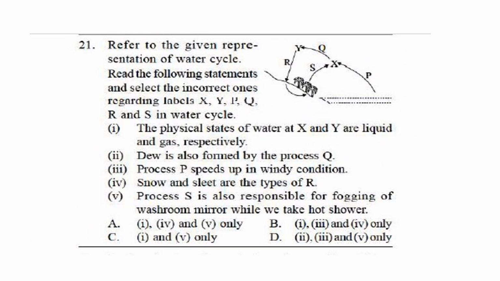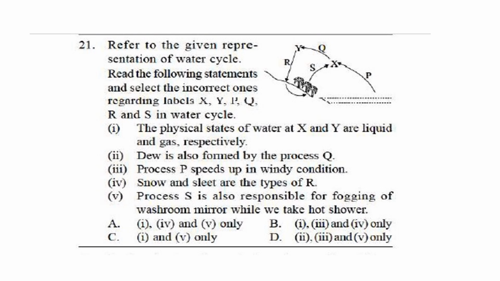Question number 21. Refer to the given representation of water cycle. Read the following statements and select the incorrect ones regarding labels X, Y, P, Q, R and S in water cycle. Statement 1. The physical states of water at X and Y are liquid and gas respectively. 2.